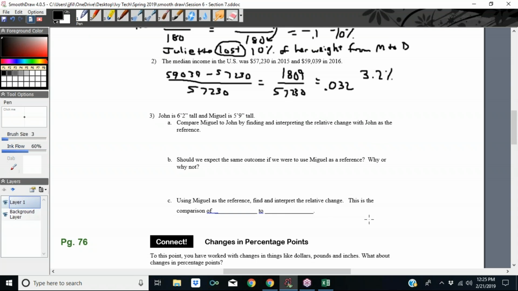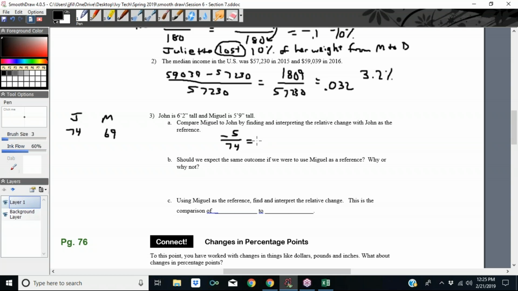All right, let's go back to John and Miguel. So remember, John was 74 inches, Miguel was 69 inches. We're comparing Miguel to John. So that was the -5, if you remember. And we're dividing that by John.